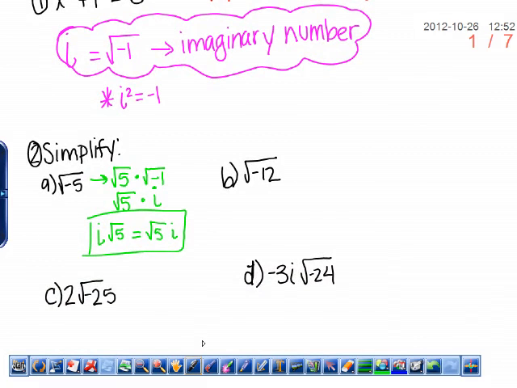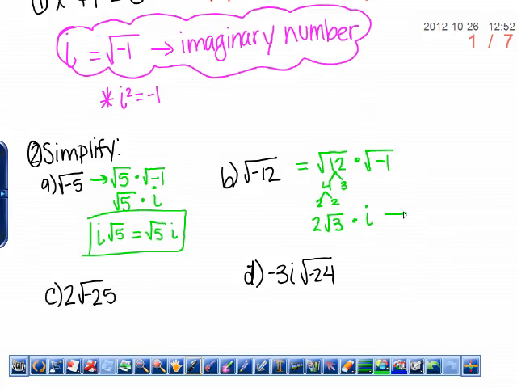All right, the square root of negative 12. I'm going to rewrite this as the square root of 12 times the square root of negative 1. Do you agree with that? Okay. The square root of 12 breaks down to the square root of 4 times 3, which is 2 radical 3, times, what's the square root of negative 1? i.